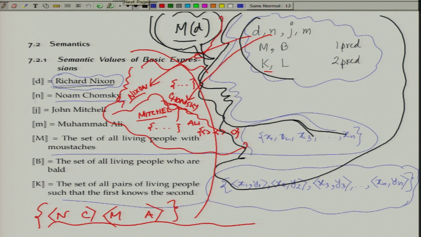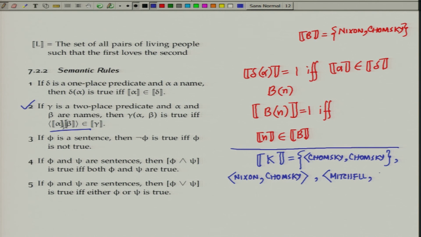Yes, Michelle knows Ali. Nobody else knows anybody else in the system.